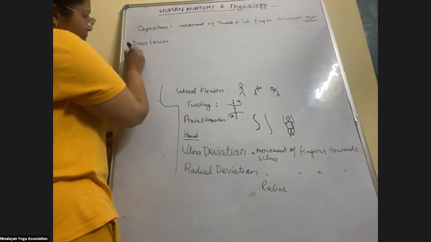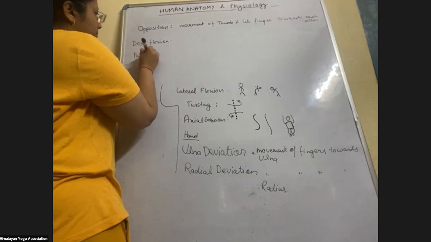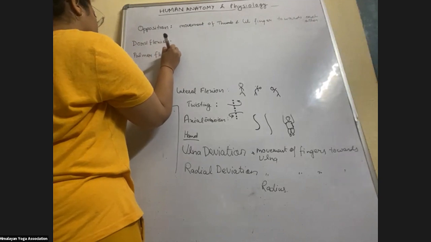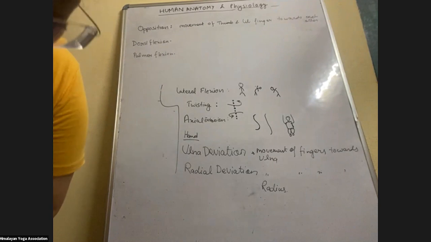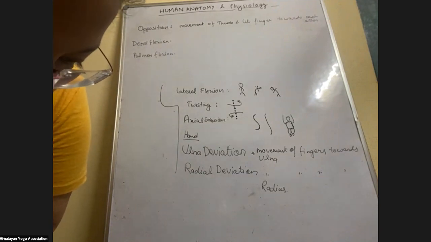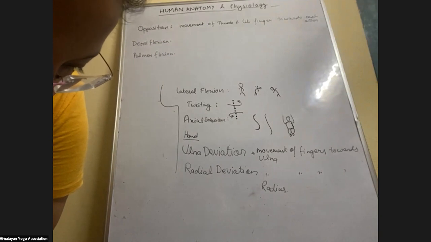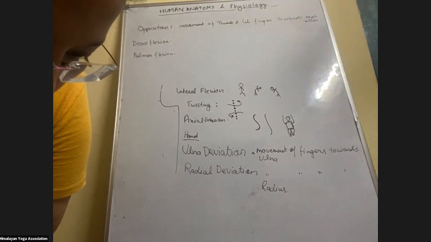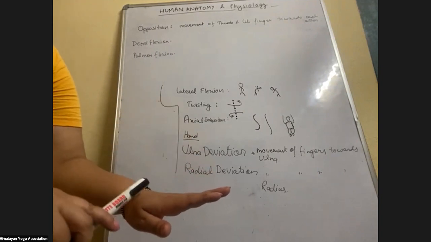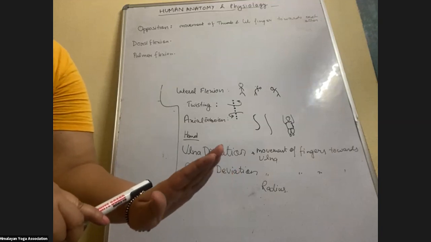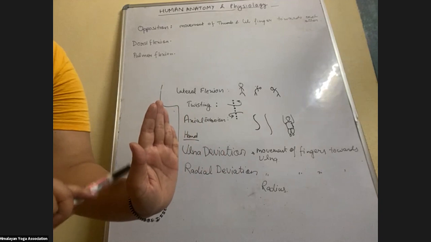And we have dorsiflexion and palmar flexion. Can you tell me what is flexion? It's bending. Yes. It's basically when there are two bones and we have a joint in between, and we are decreasing the angle.